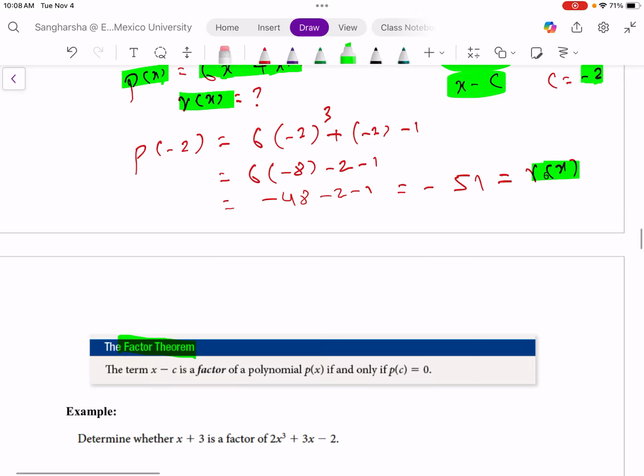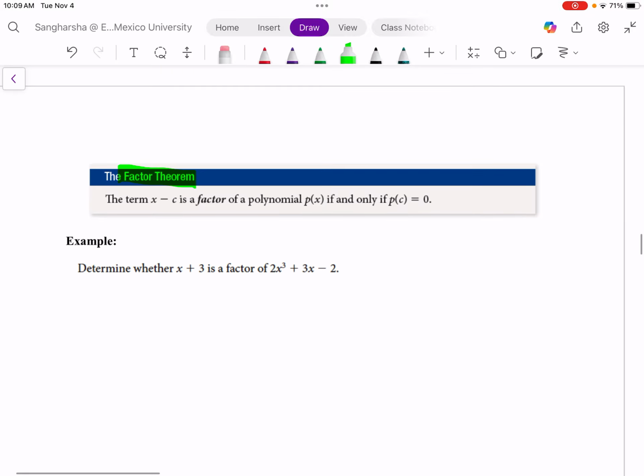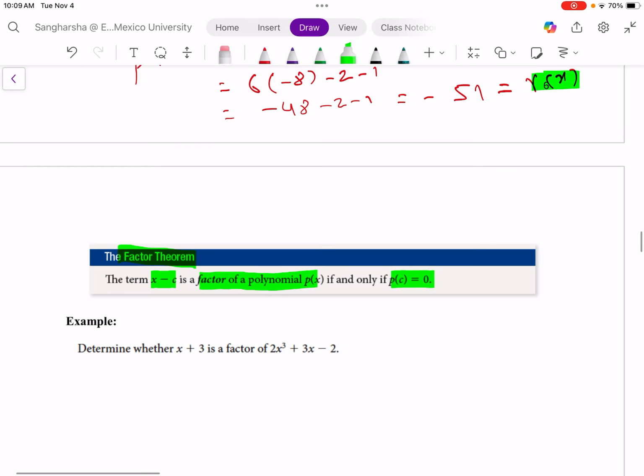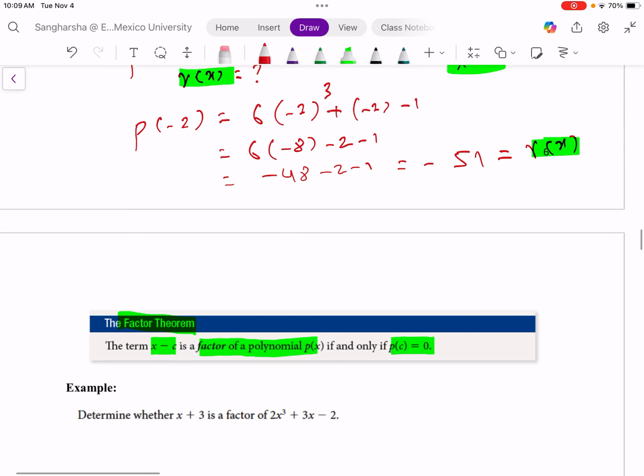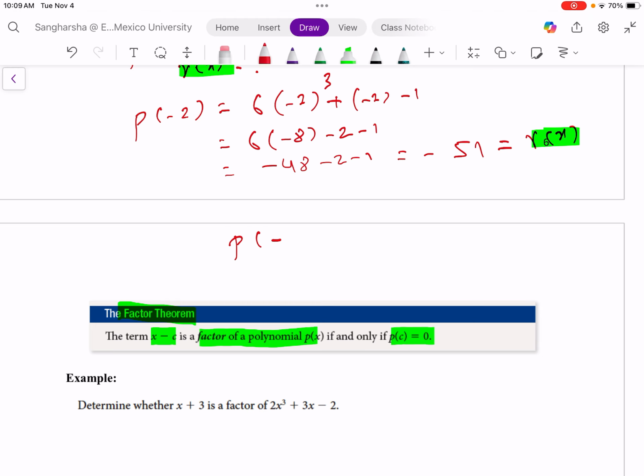Now the next we have the factor theorem. x minus c is a factor of a polynomial p of x if p of c is equal to 0. For example, let's say we have p of -2 equals 0, where p is some polynomial.